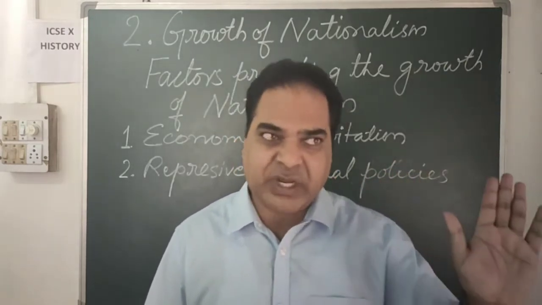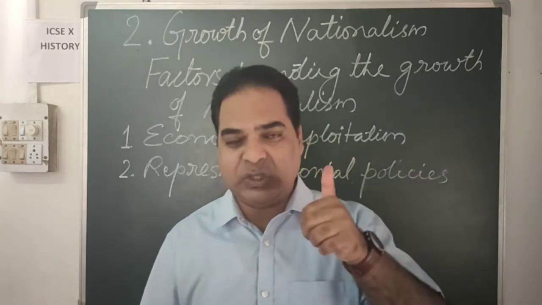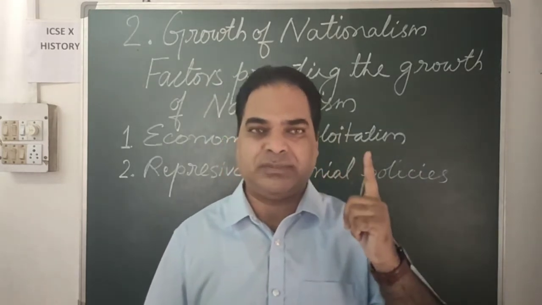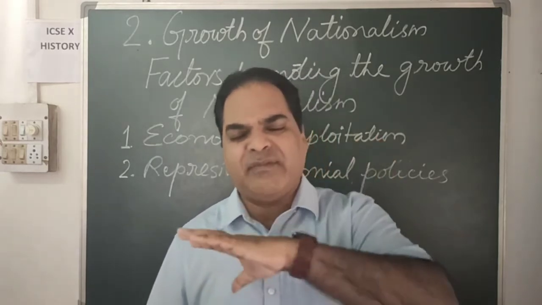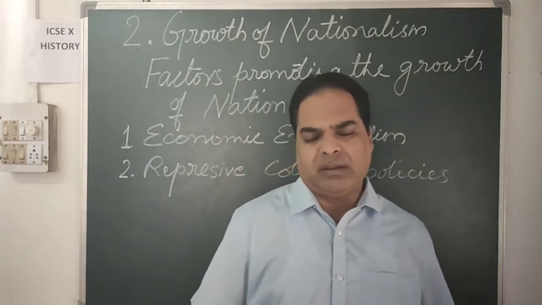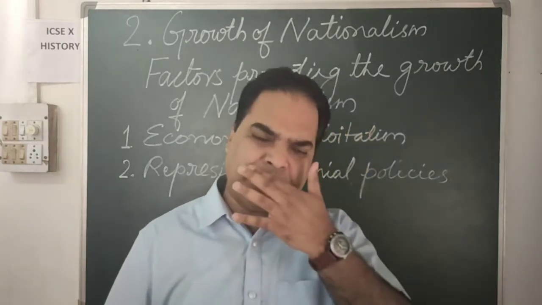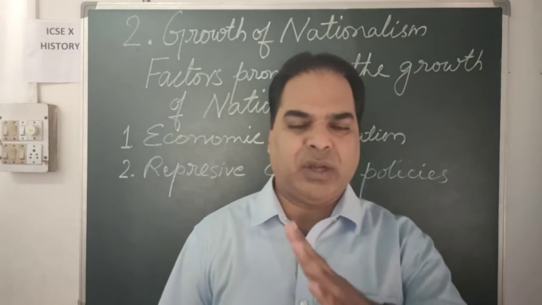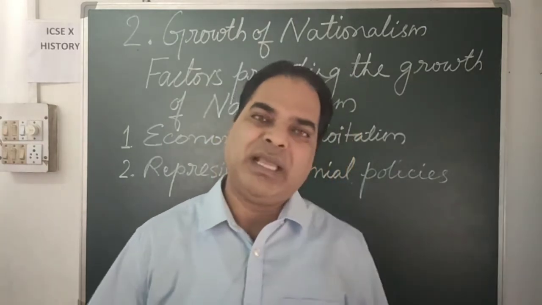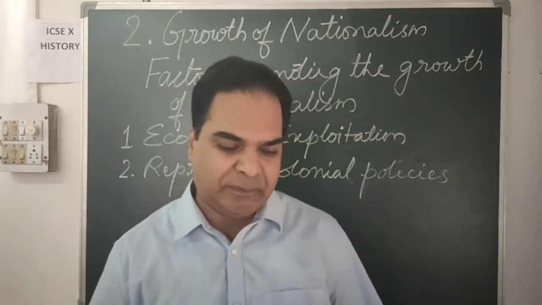Wealth was drained in the form of salaries, pensions, home charges and military expenditures, and the burden of running the administration was on the head of the Indians. Revenue completely turned towards England.